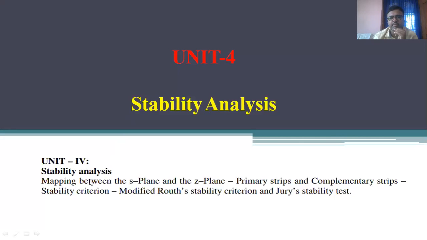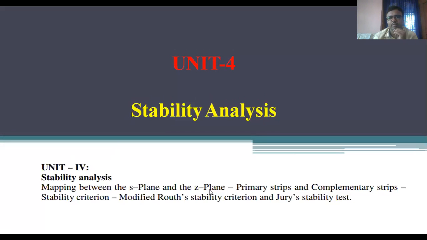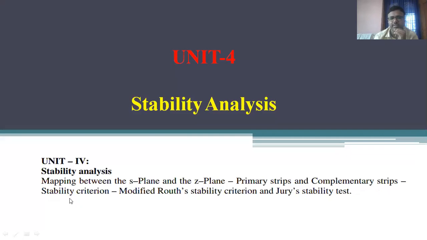The first topic is mapping between S-plane and Z-plane. The second topic is primary strips and complementary strips. And 2 more topics are there, and these topics are regarding the stability criteria.